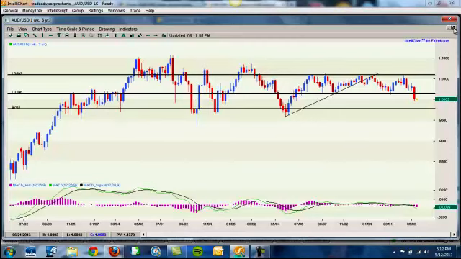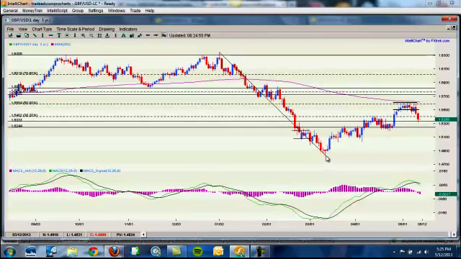This thing's been trending down for a while. And if you want to pull a Fibonacci from that high to that low, you can see the price pretty much pulled up to the 50% retracement level, which the pound and the euro love. Hesitated right at 50% retracement, and I think we're on our way down.